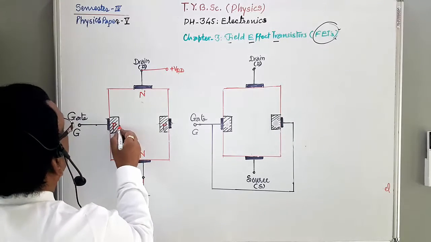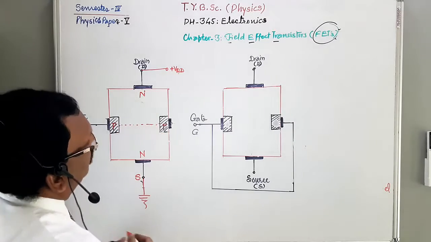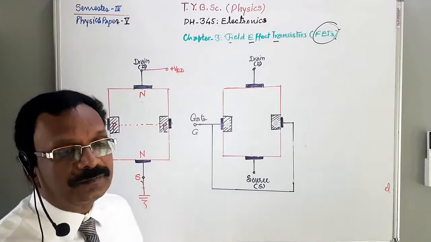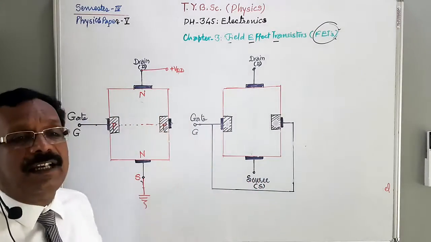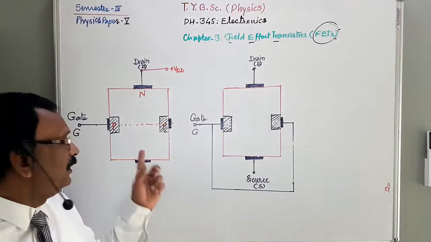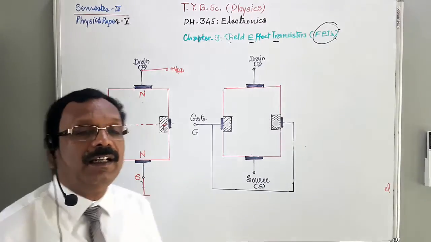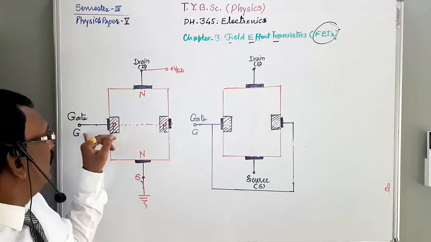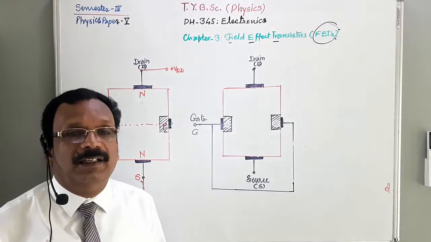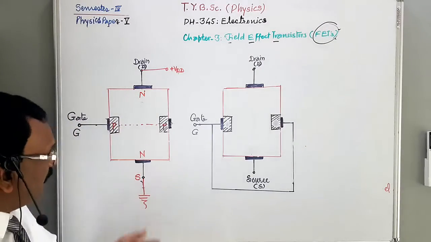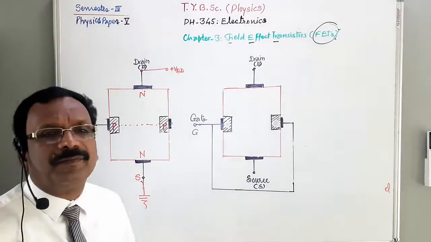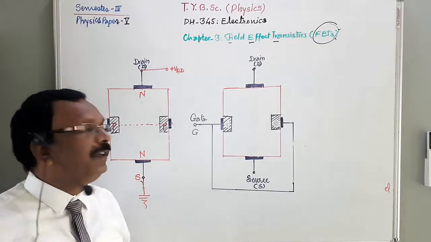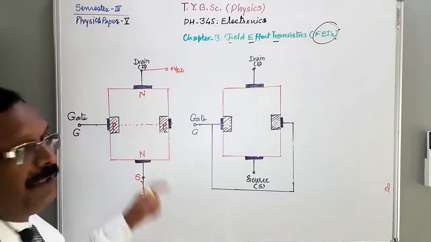These two regions are connected internally. Consider this N channel JFET as shown in this figure. Here the gates are of P type, and the N type channel, this is the channel, constitute a PN junction.